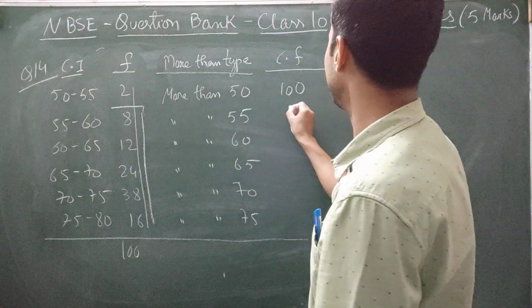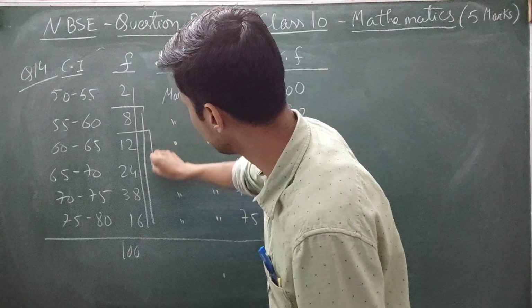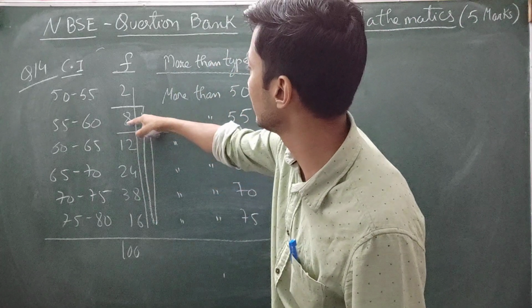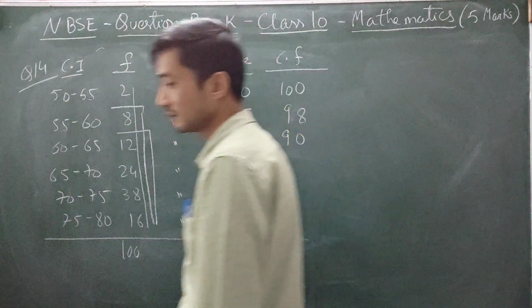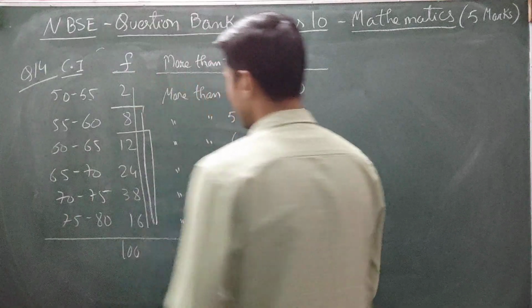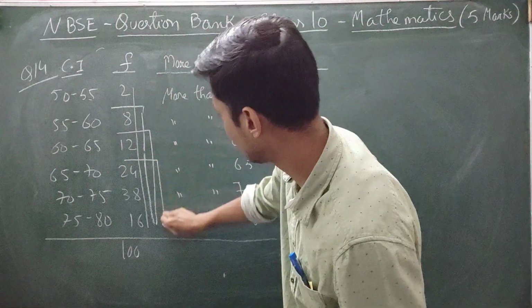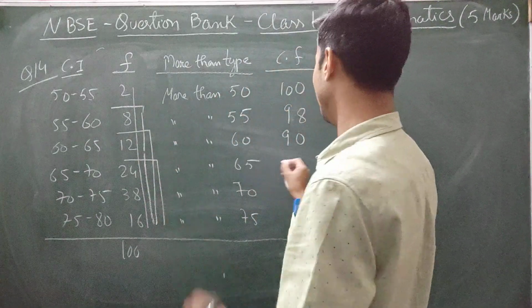These values, 98. Next, more than 60, these values. So from 98 you just remove this 8, 90. Similarly, more than 65, these values, so minus 12, 78.